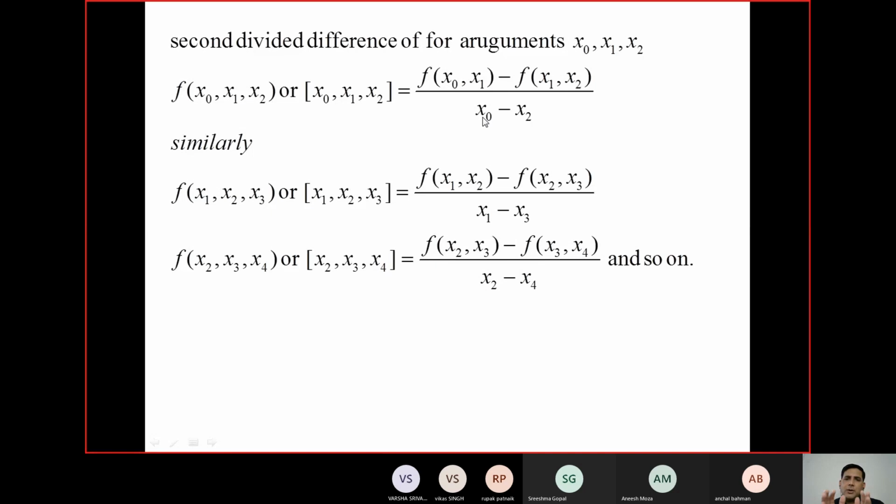So you are talking about the points between x0 to x2, so the total difference would be x0 minus x2 here. This would become your second divided difference. You are calculating the divided difference of your first divided differences, and that's called the second divided difference. Same way you can calculate the second divided difference on all points as you did for the previous one. Then you can calculate your third divided difference also. Slide is not.